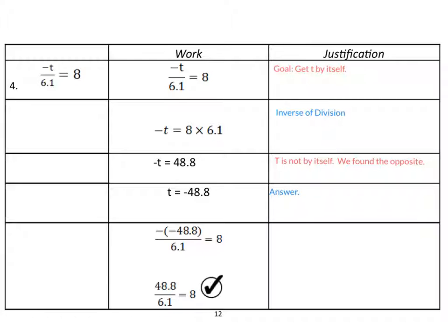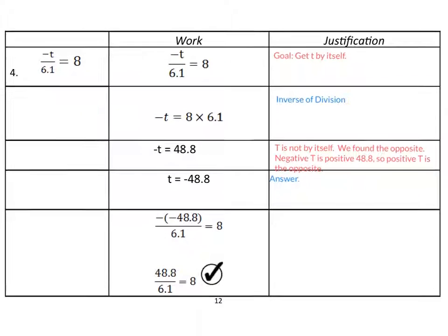Okay, so we found the opposite. So you can think of it as that negative t is positive 48.8. So positive t is the opposite. That kind of makes sense.